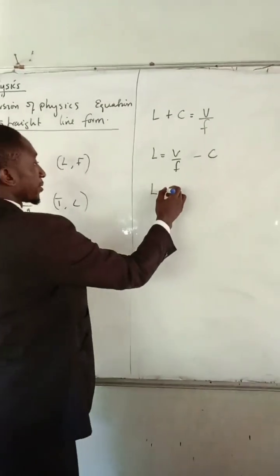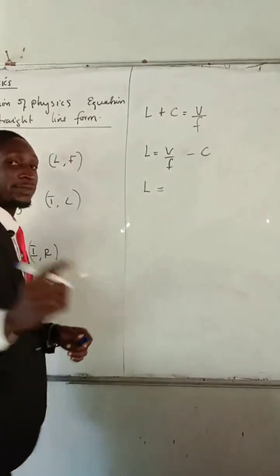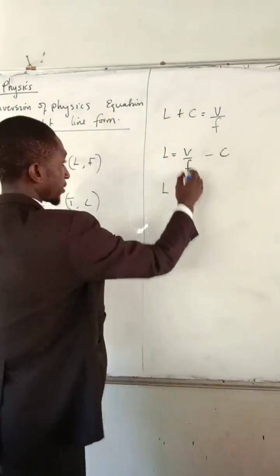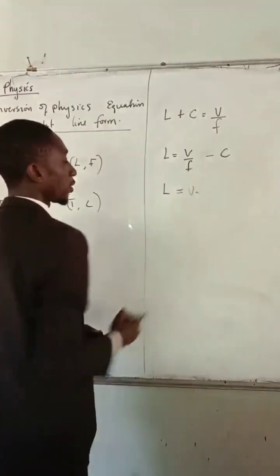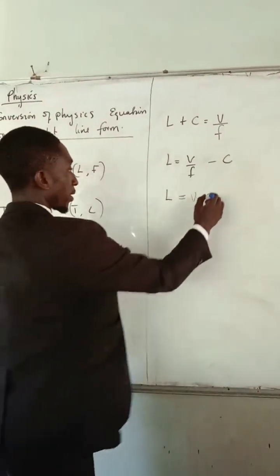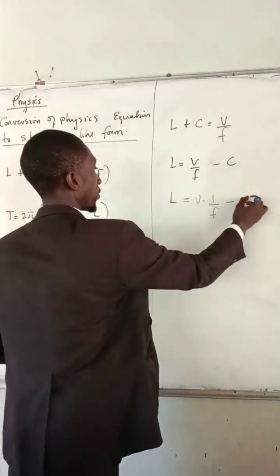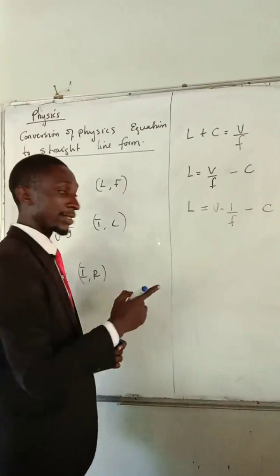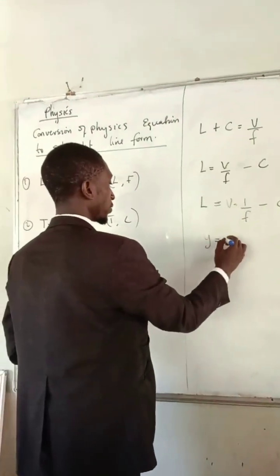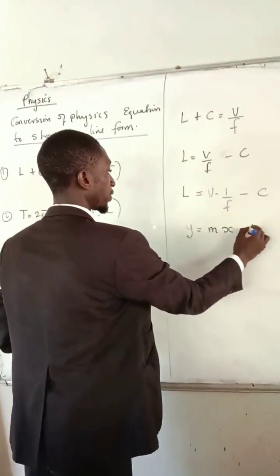So L is equal to V, I'm using dots in place of multiplication, 1 over F minus C. Because we are looking for our x component, we have to separate it. The reason why I did this is so that we can equate it to the straight line equation.